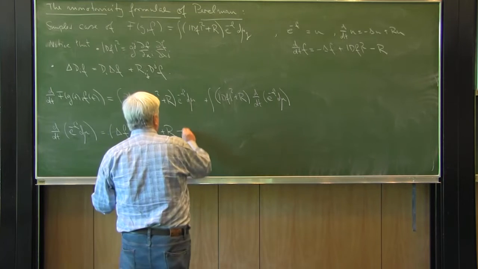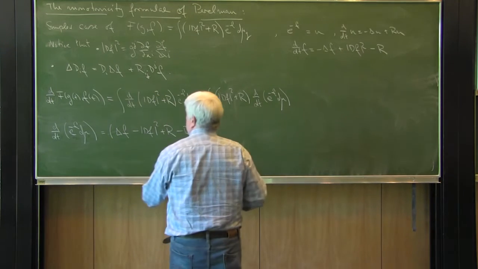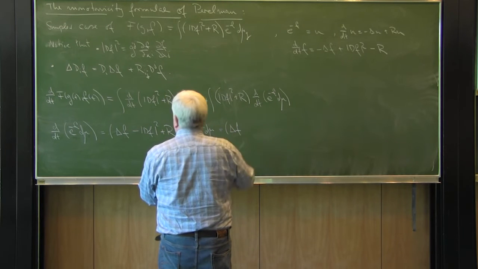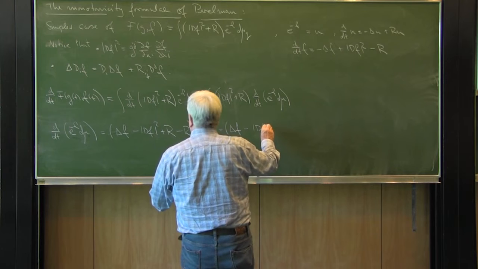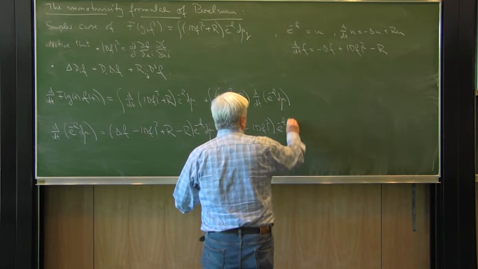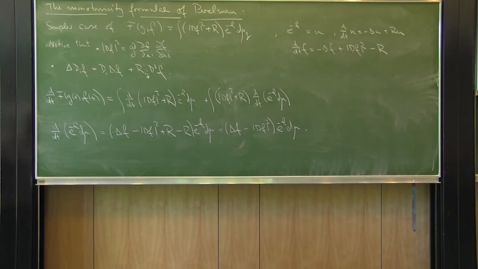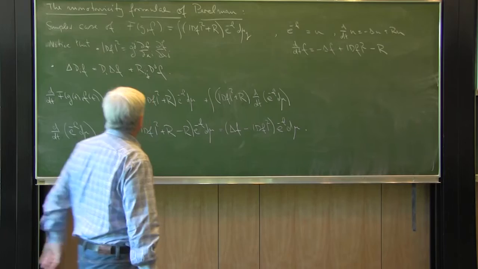So we get minus r e to the minus f d mu, which is equal to Laplace f minus gradient f squared e to the minus f d mu. Okay, that gives us the evolution of this term.